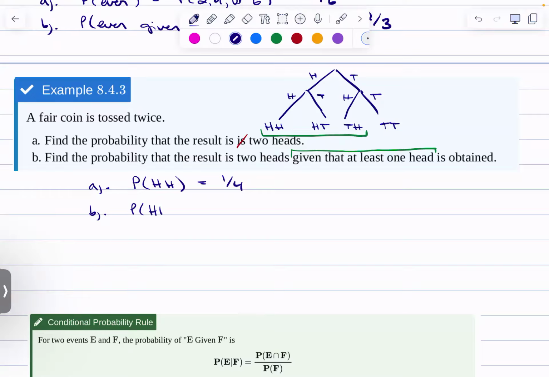So the probability of 2 heads given at least 1 head is 1 out of 3 instead of 1 out of 4. Nice.